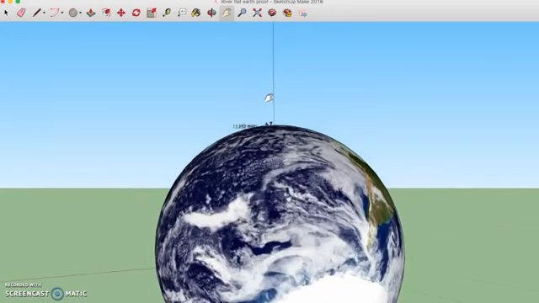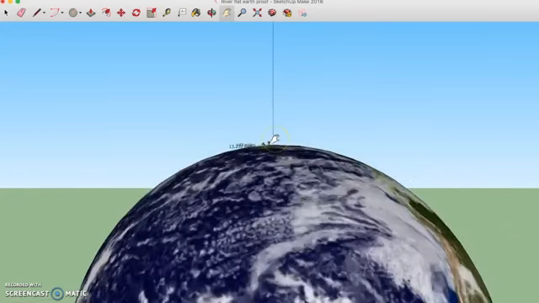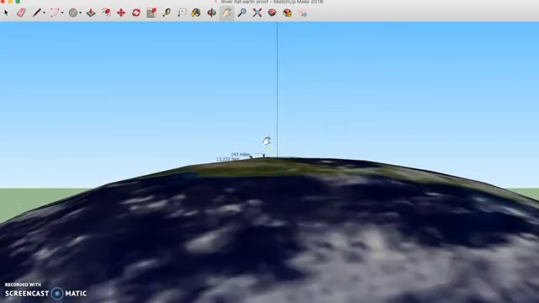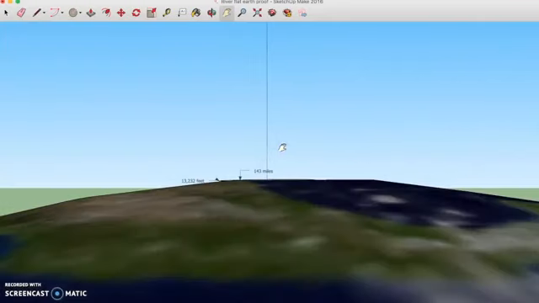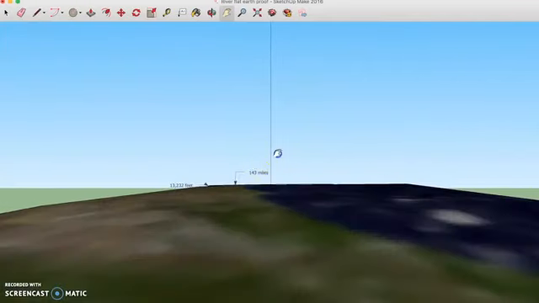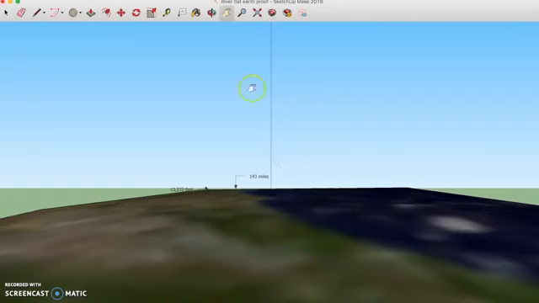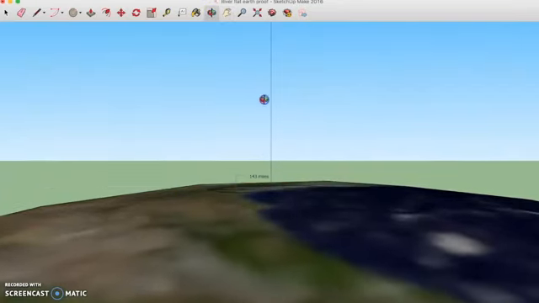So I'm going to come in here. I'm going to get us positioned on top of the earth, like we all consider ourselves to be, standing on top, never standing upside down or anything like that. Let's get that horizon right at eye level. There we go.